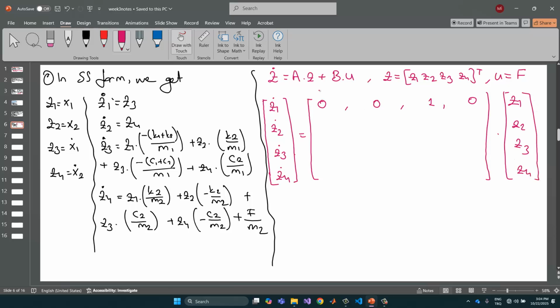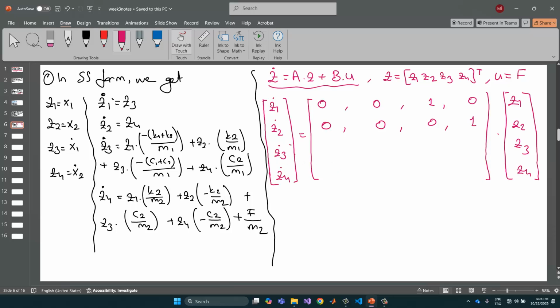Where is it coming from? It's coming from this equation, okay? And so Z2 dot, what is Z2 dot? In the second row, 0, 0, 0, 1, okay?